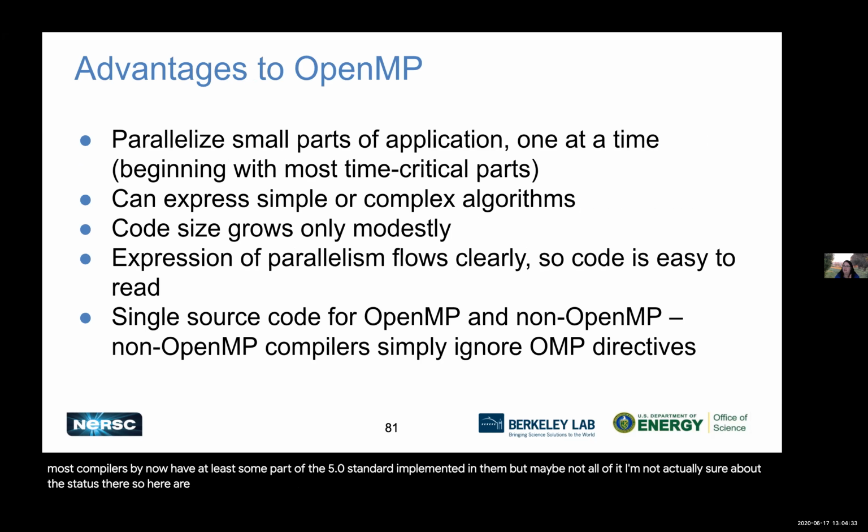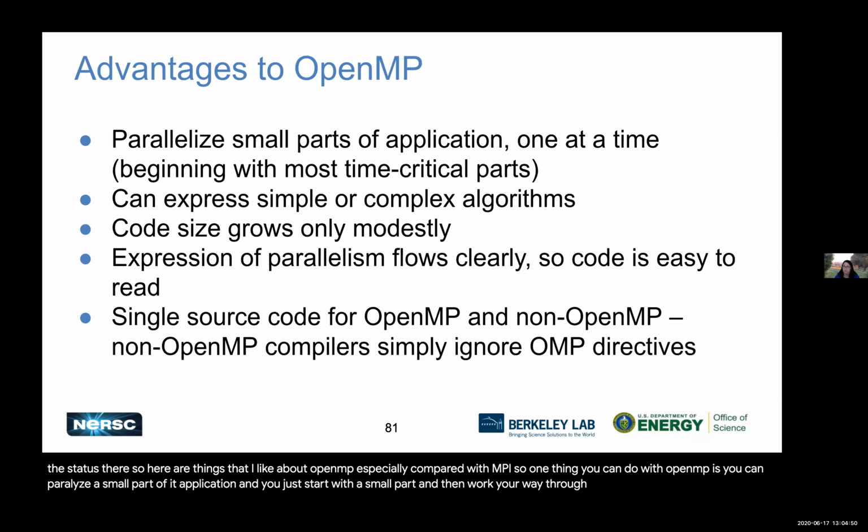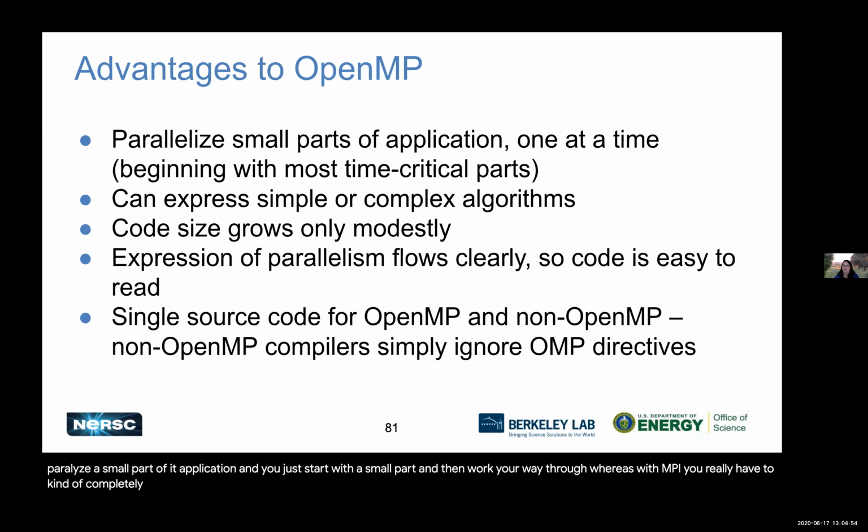So here are things that I like about OpenMP, especially compared with MPI. One thing you can do with OpenMP is parallelize a small part of an application. You just start with a small part and then work your way through. Whereas with MPI, you really have to completely restructure your code from the get-go.